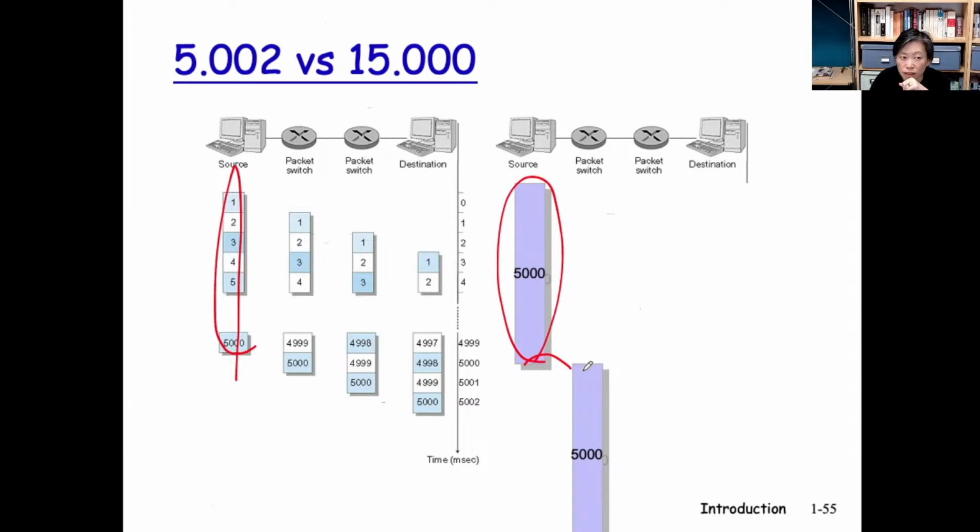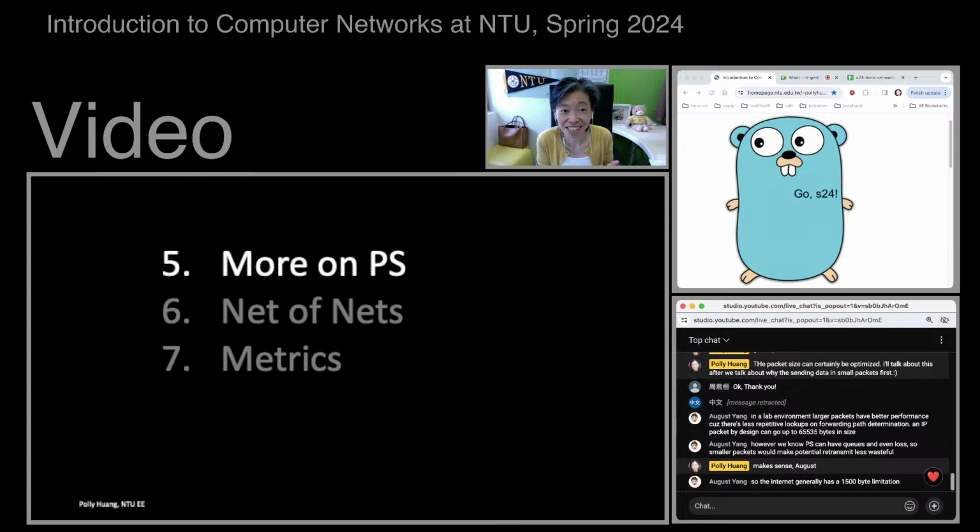How much time are we saving? Big time, isn't it? This is why in packet switching, people always talk about cutting data into small packets. Yeah, now you see, the smaller the packets, the better in terms of the delay to transmit the data.